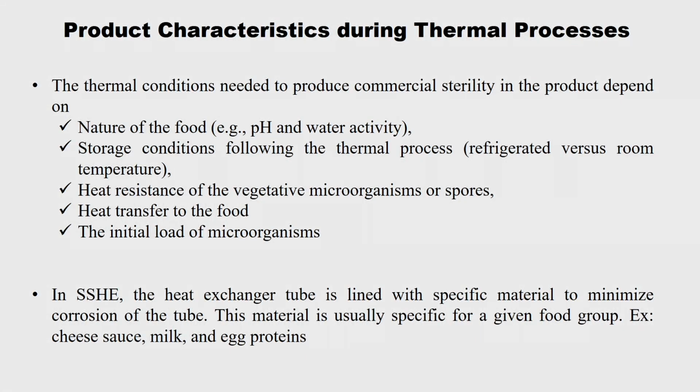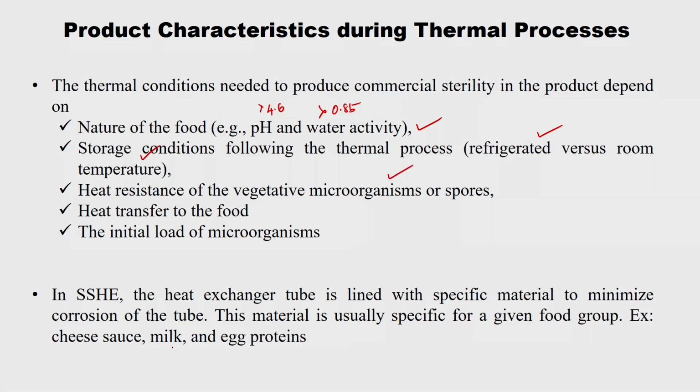And thermal conditions needed to produce commercial sterility in the product depend on the nature of the food, which is nothing but pH and water activity. So, this we have already told, greater than 4.6 and greater than 0.85 for low acid food. Then storage conditions following the thermal process, whether you want to store it in refrigeration or at room temperature itself, and heat resistance of the vegetative microorganisms or spores.